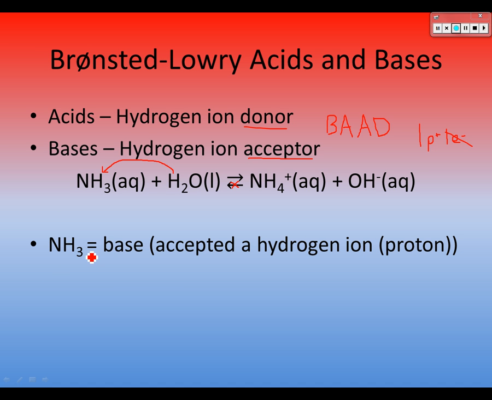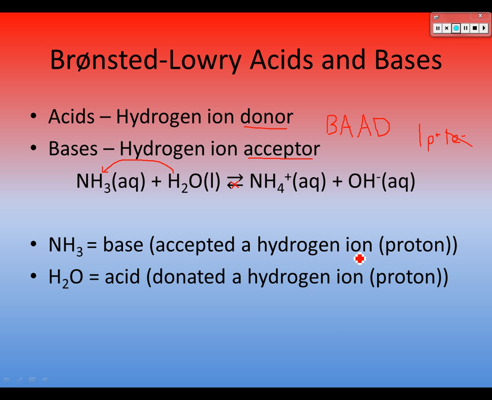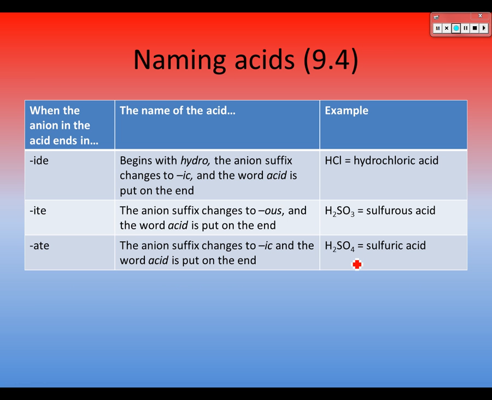So we would say that the NH3 is a base because it accepted a hydrogen ion or a proton, and that the H2O is an acid because it donated a hydrogen ion or a proton. So that's a more general definition of acids and bases, not just based on whether they have an H plus that becomes an ion or an OH minus that becomes an ion.